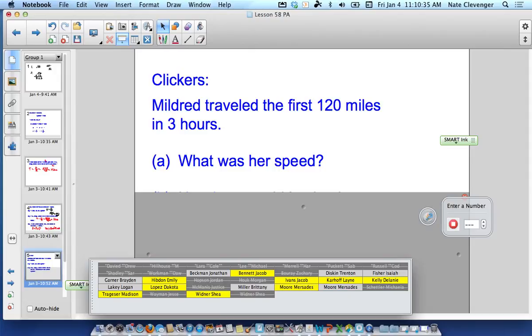There's two Mercedes. Mercedes is right by Mercedes. 40. Fixed value.